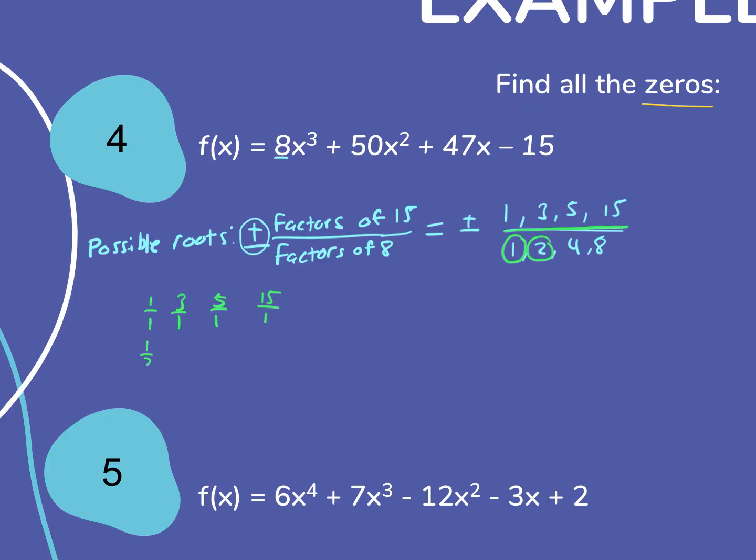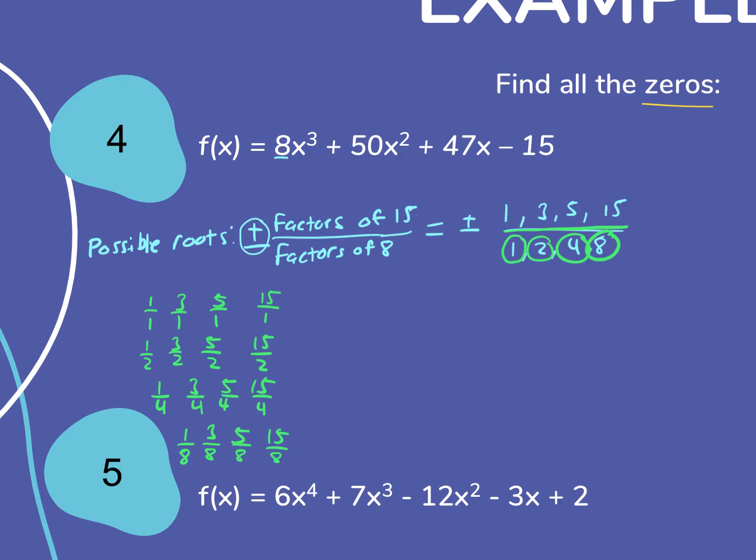So 1 over 2, 3 over 2, 5 over 2, and 15 over 2. Now everything over 4: 1 over 4, 3 over 4, 5 over 4, and 15 over 4. And now everything over 8: 1 over 8, 3 over 8, 5 over 8, and 15 over 8.